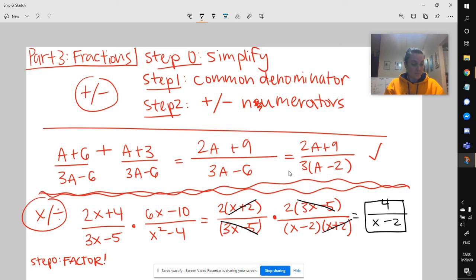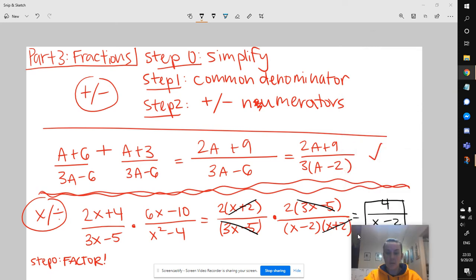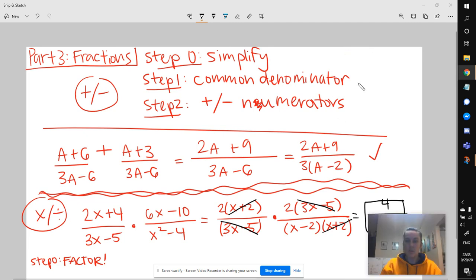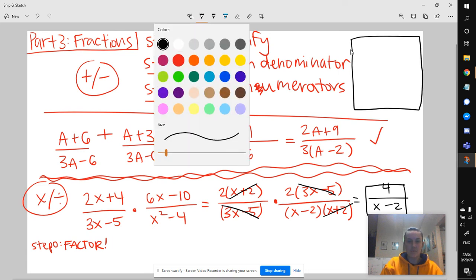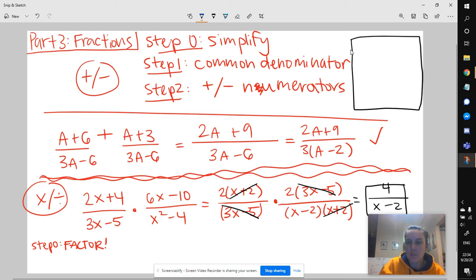The only other thing I want to mention for this specific section is that if you ever have something that looks like A divided by B over C divided by D, right?